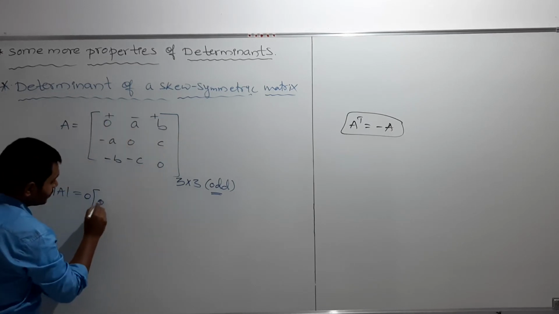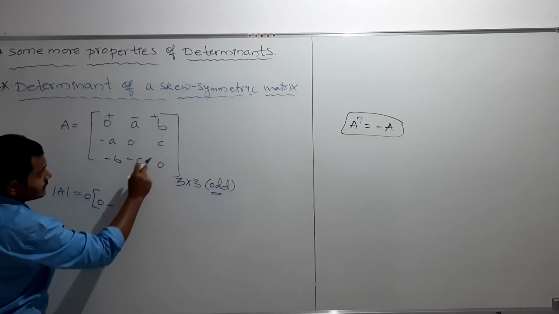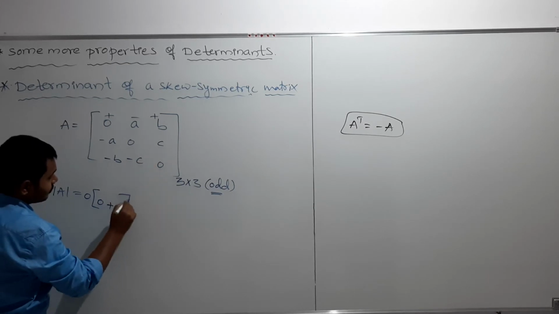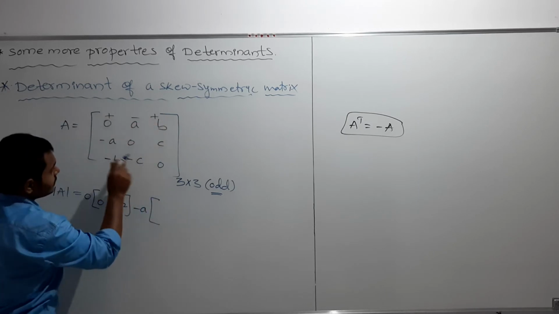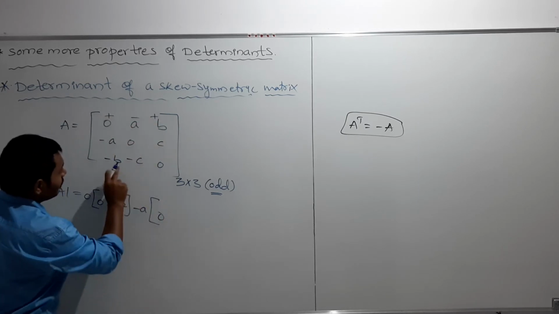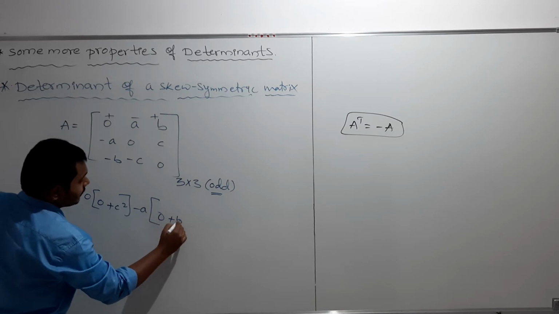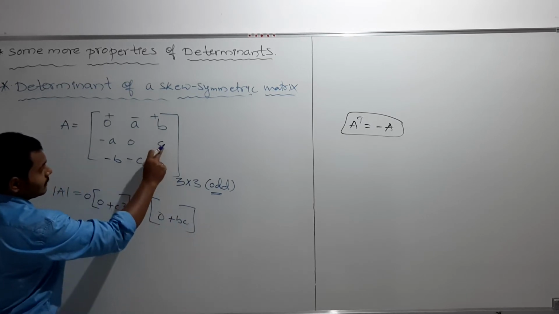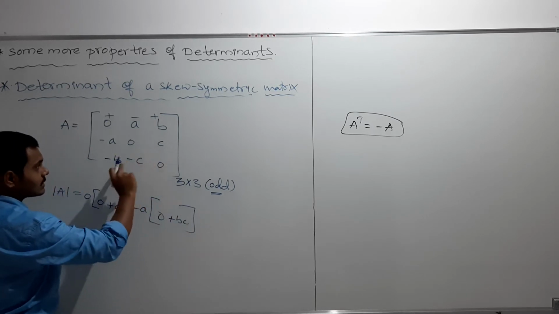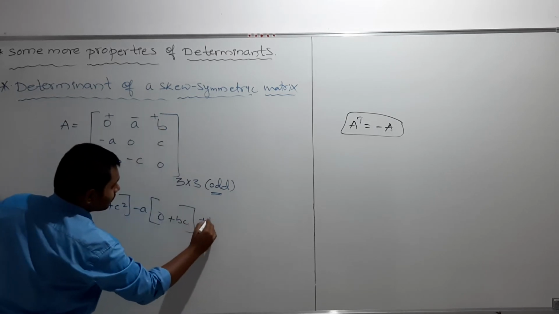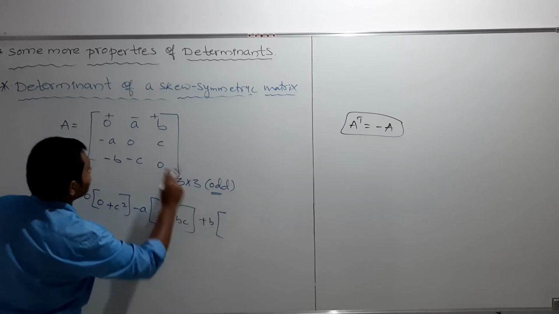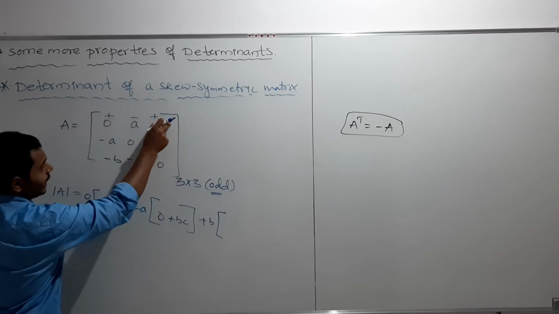Next 0 into 0 is 0, minus c into c is plus c square. Next minus a, leave this row and this column. Minus a into 0 is 0, minus b into c is plus bc, because minus plus minus, another one minus plus bc. Plus b into, again leave this row and this column.